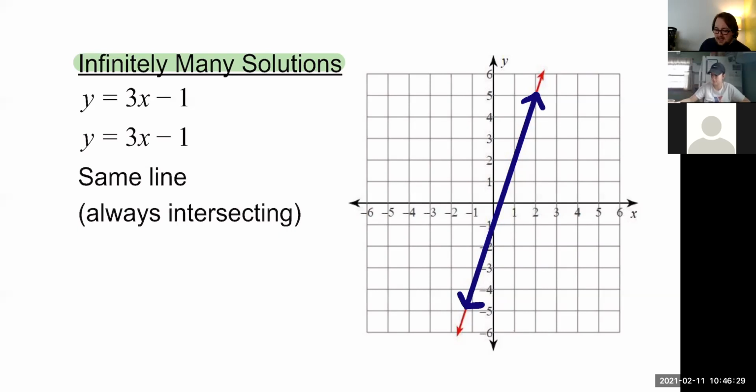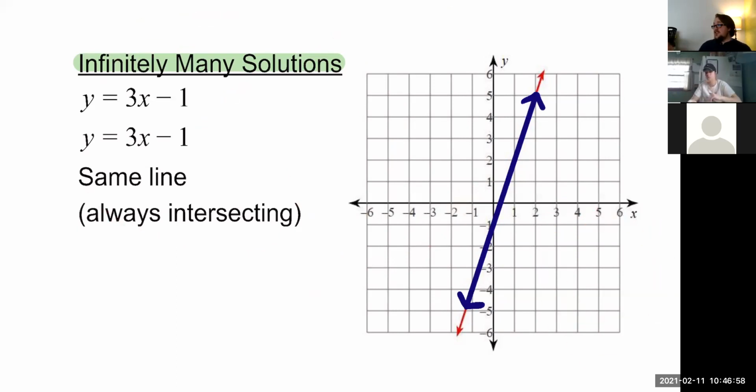Now, does that mean that any old point would be a solution? No. Why not? Give me an example of a point that's not a solution here. 3, 0, which would be right here. Yep, that's not a solution because it's not on either line. In fact, any point over here, and remember this graph continues to go on forever and ever and ever in both of these directions.